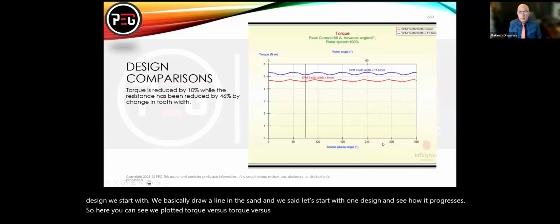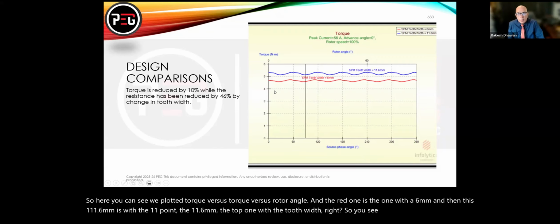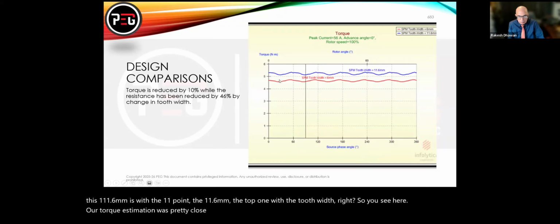Here we plotted torque versus rotor angle. The red one is the one with the 6 millimeter tooth width, and the top one is the 11.6 millimeter. Our torque estimation was pretty close, 5.6 Newton meters.